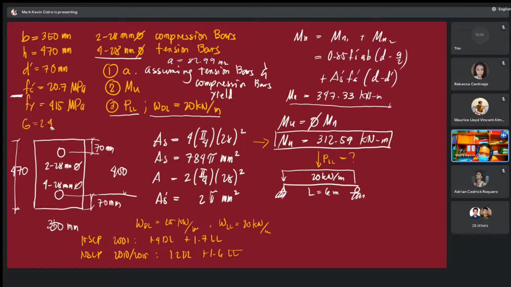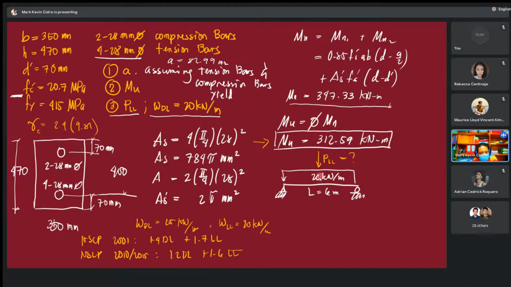So the unit weight of concrete, gamma, is the specific gravity multiplied by the gamma of water, 2.4 times 9.81. You then multiply the unit weight by the cross-sectional area of your section to get the load in kilonewton per meter.